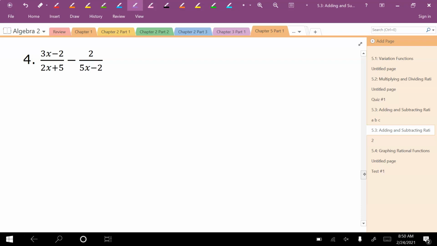Okay, if we look at this one, both of the denominators are different. We have a 2x plus 5, and then we have a 5x minus 2. So we're going to have to change both fractions for this problem. Okay, what are we going to take that first fraction times?